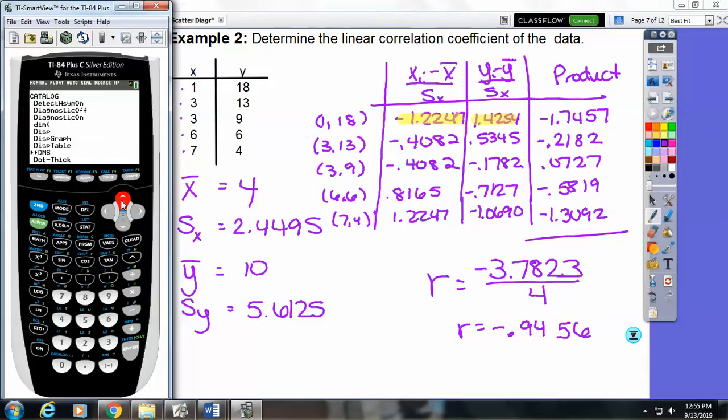Just scroll through. There's a diagnostic off, and right below it is diagnostic on. Hit enter when you get to diagnostic on, and hit enter one more time, and it will tell you done.